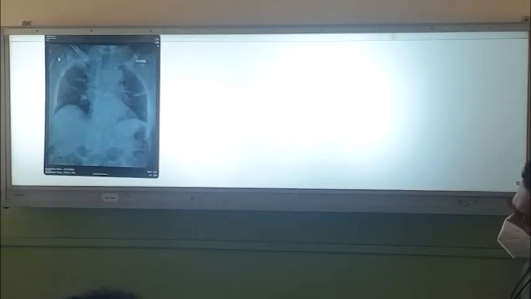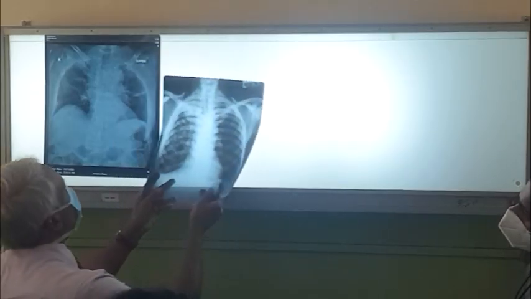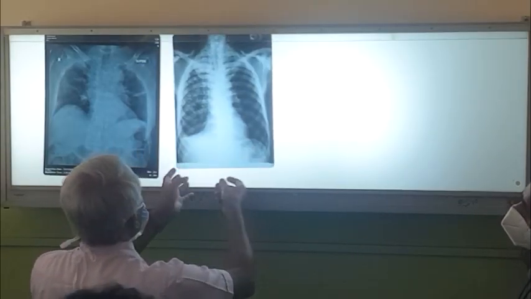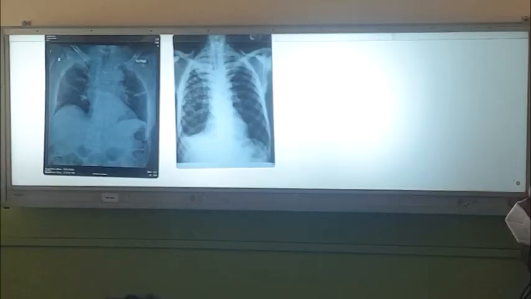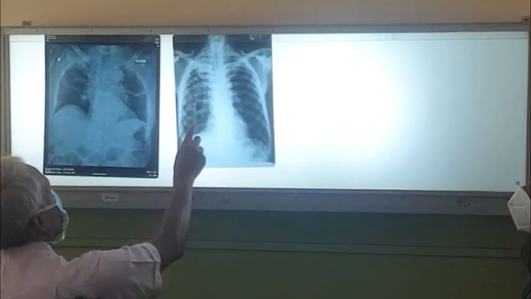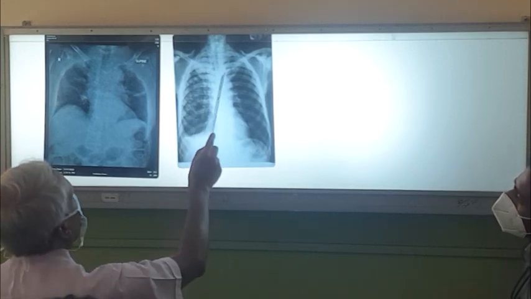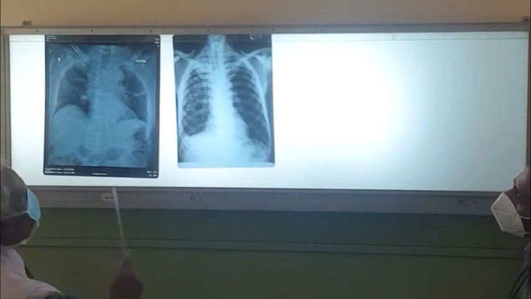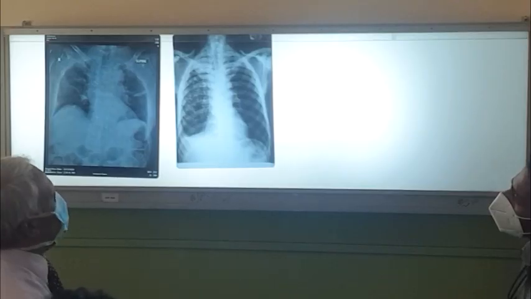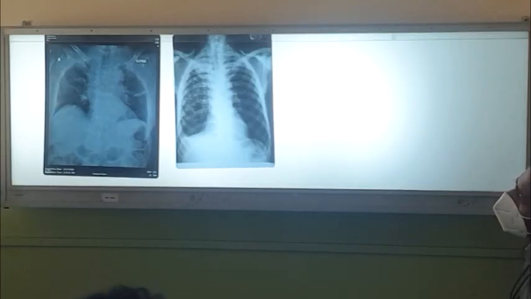Right, these two X-rays I am keeping to show something else, right? This is a patient with TB, and all these changes are TB, right? The pleural thickening, pleural fluid, and these patches, all due to sputum positive PTB. But that is not what I want you to see.